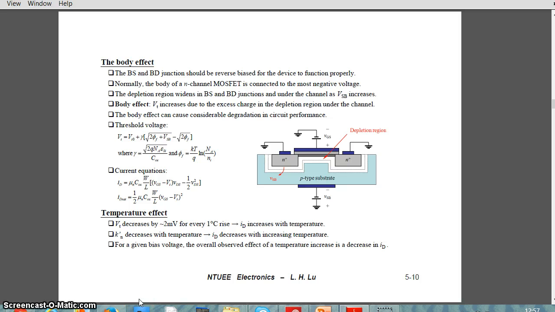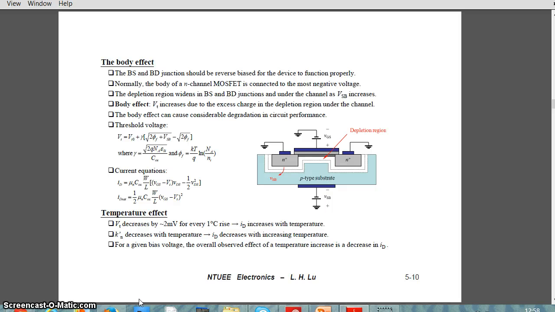Body effect. The body-source and body-drain junctions should be reverse biased for an NMOS device to function properly. So the body of an N channel MOSFET is usually connected to the most negative voltage, and the depletion region widens in the BS and BD junctions and under the channel as VSB increases.